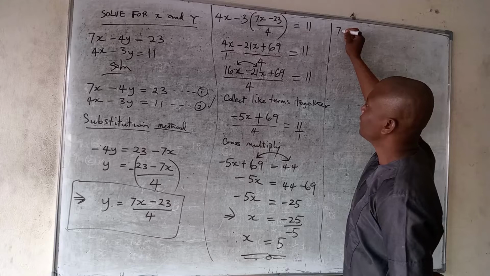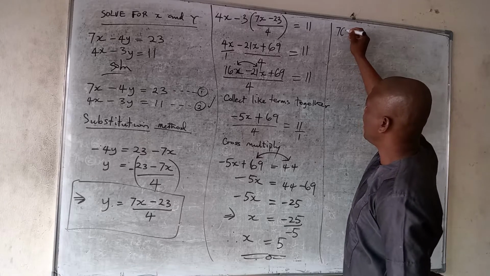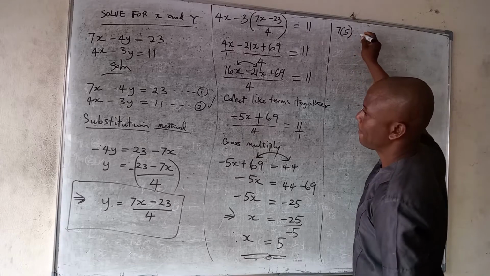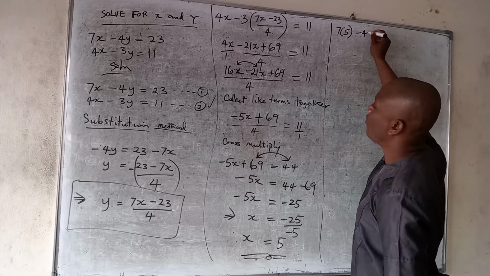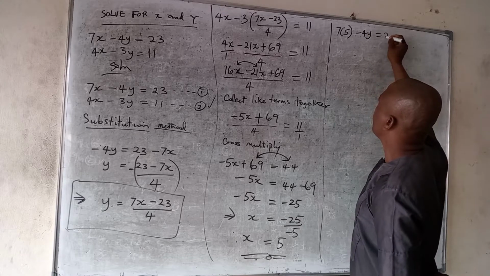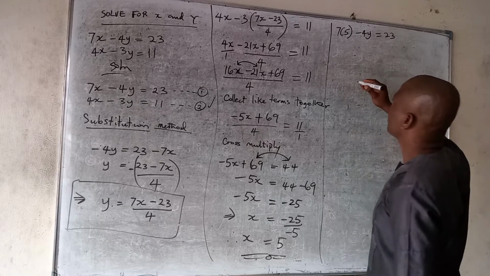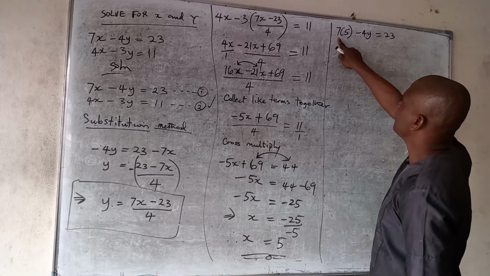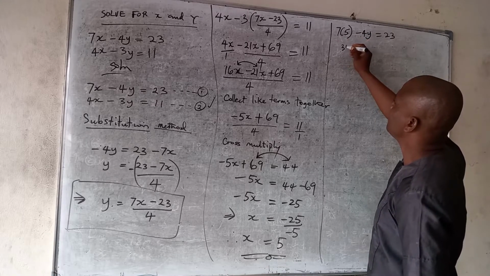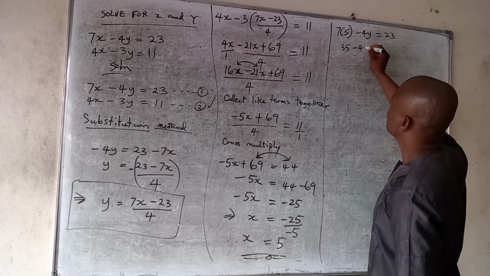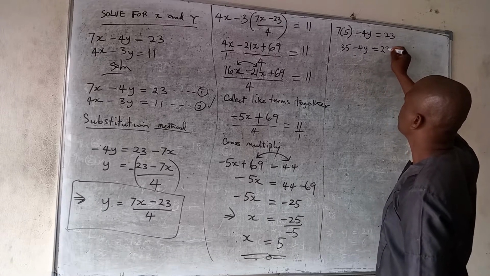We have 7x, our x is 5, minus 4y being equal to 23. So this 7 times 5 is 35 minus 4y being equal to 23.